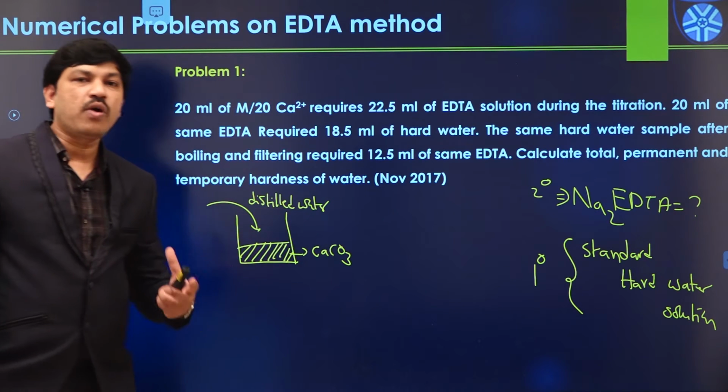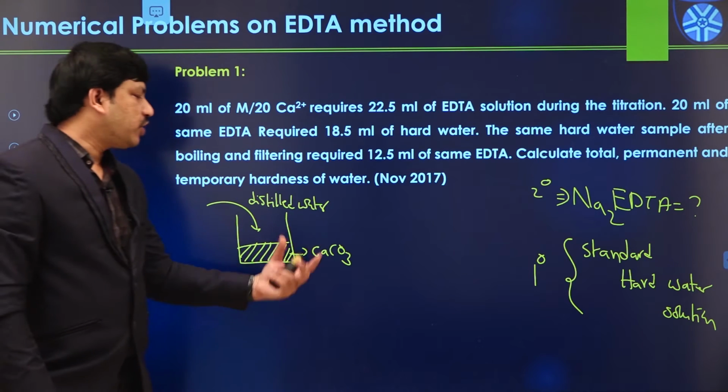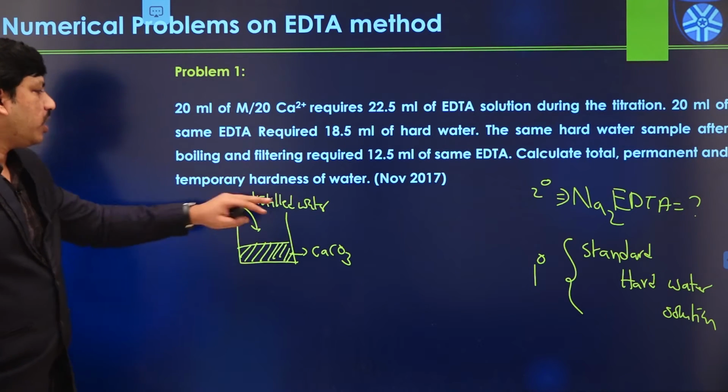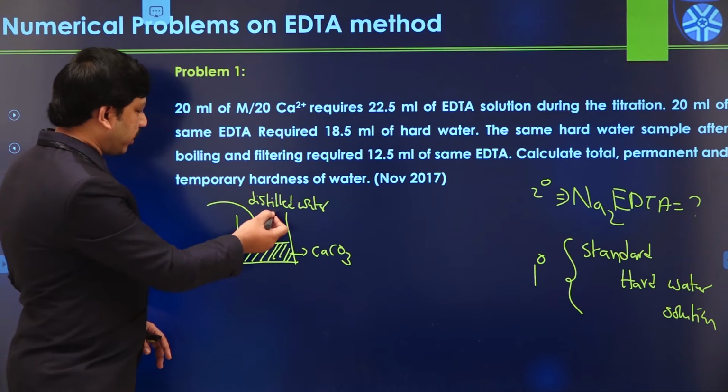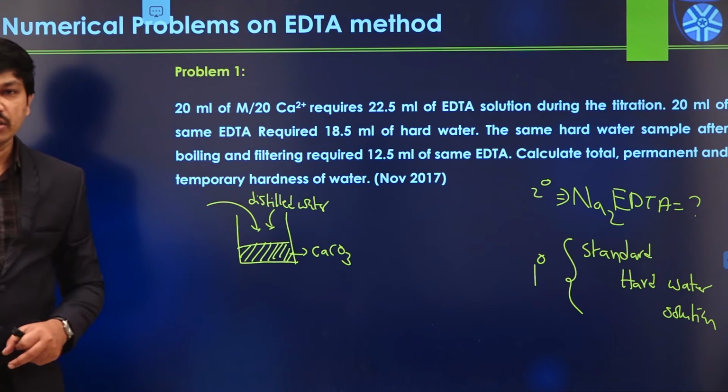Normally, what is the solubility of calcium carbonate? Calcium carbonate is a highly insoluble material in water. That means if we add distilled water like this, nothing happens.